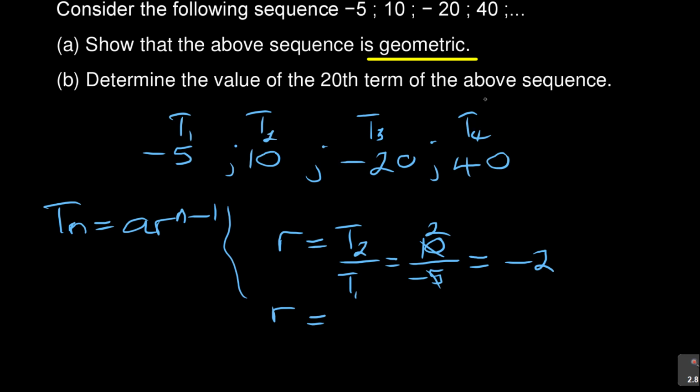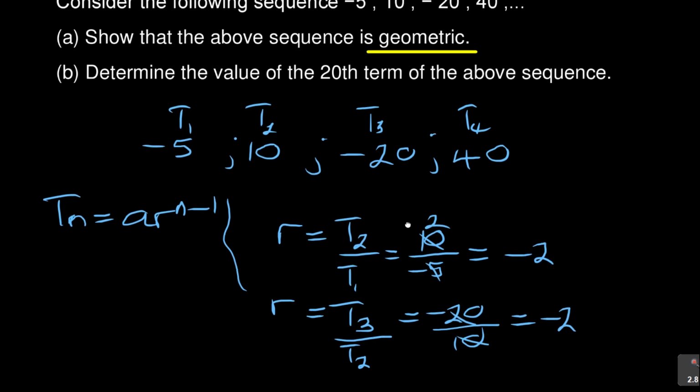If you say T4, it's over the previous one, T3. So T3 over T2 is -20 over 10. And guess what? You are also getting -2. Hence it's called the common ratio.